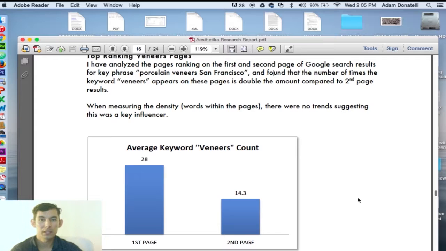What this tells me is that they are investing heavily into on-site optimization. Their pages have a lot more content. They also had a lot more images and videos. So for the Aesthetica Dental Center, in order for us to even consider ranking on that first page, we're going to have to get heavy on our on-site optimization.